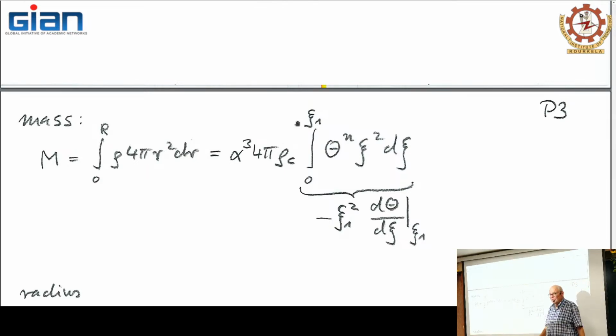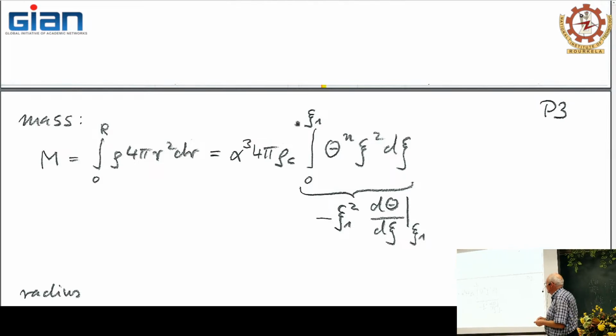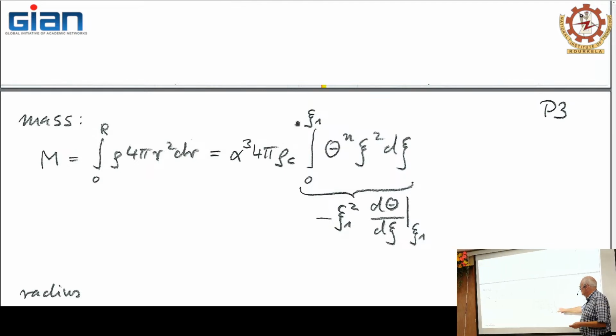At position 0, psi is 0, so it vanishes, and the quantity has to be taken at the first 0 of the function theta, so with a minus sign this is psi1 squared, where psi1 is the first 0 of the function, times the derivative of the function at the first 0.